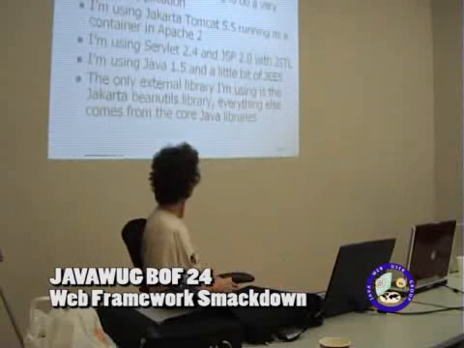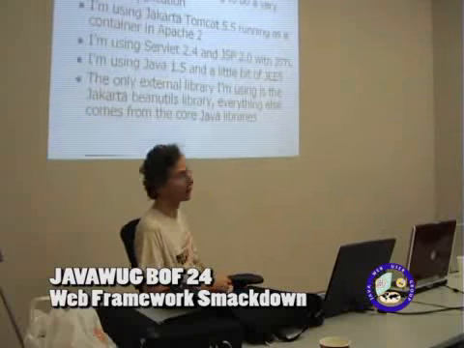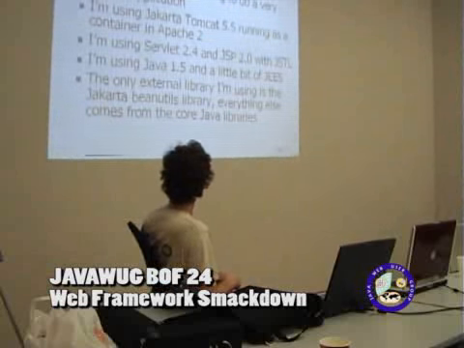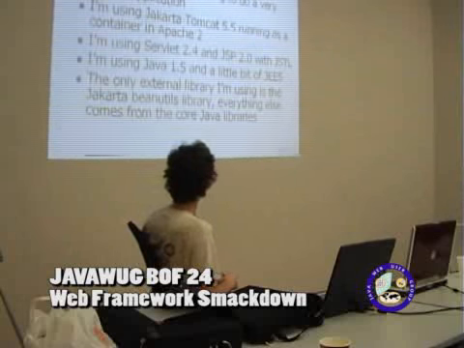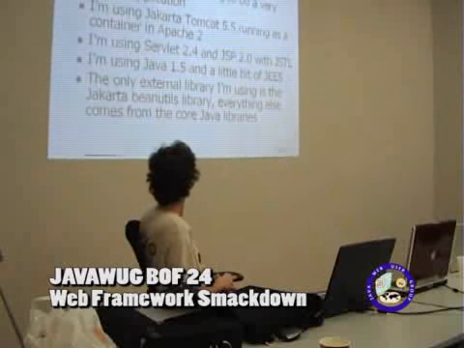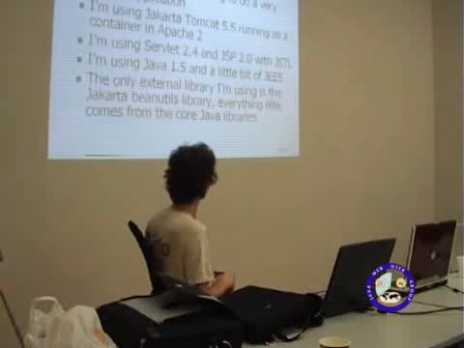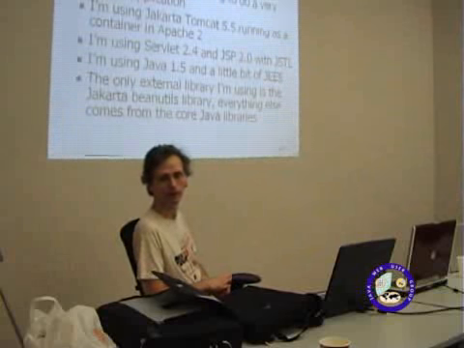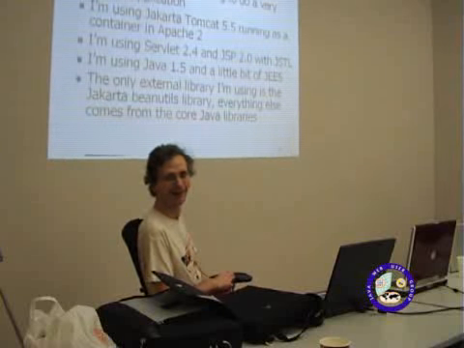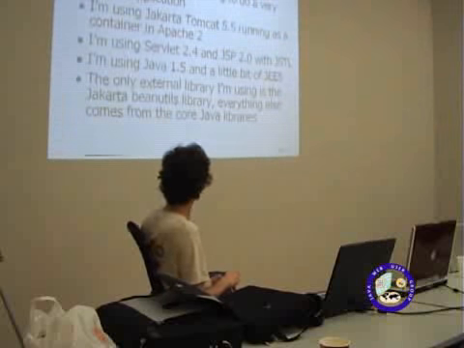I'm just going to be using Tomcat 5.5 running as a container under Apache 2, using Servlet 2.4 and JSP 2.0 with JSTL. I'm using Java 1.5 with a little bit of the features of J2EE 5. I'm not quite sure what they call it anymore, the latest version of the enterprise edition, Java EE.